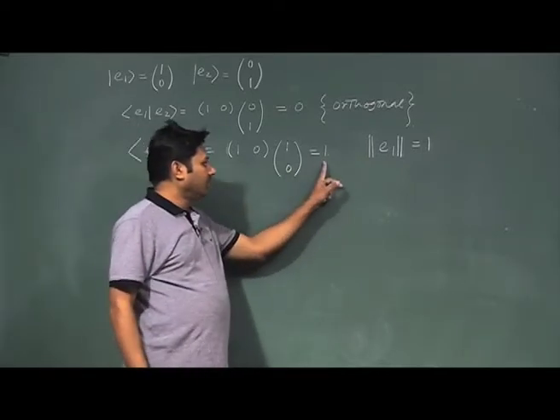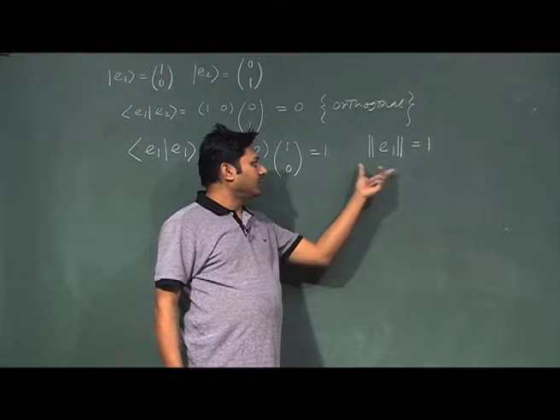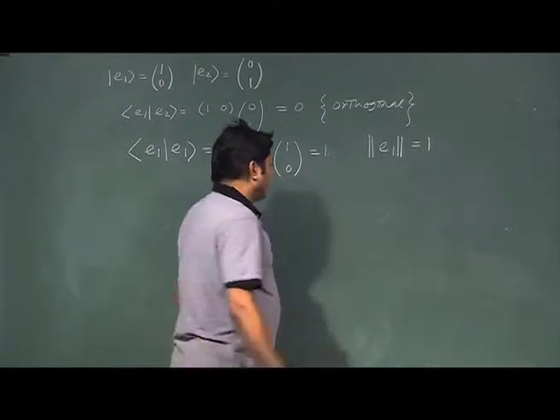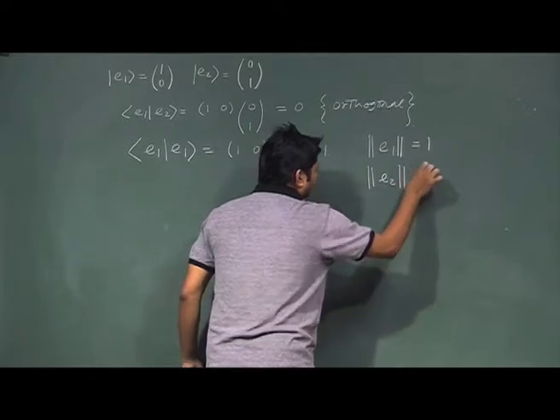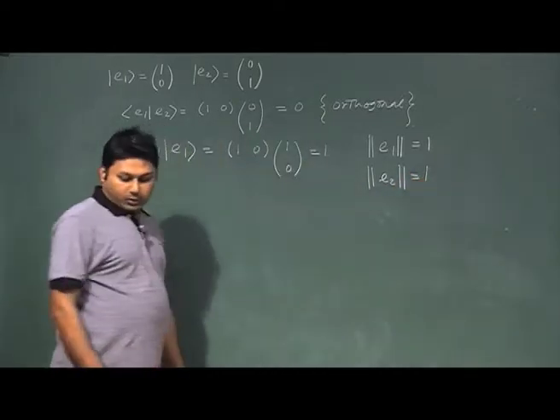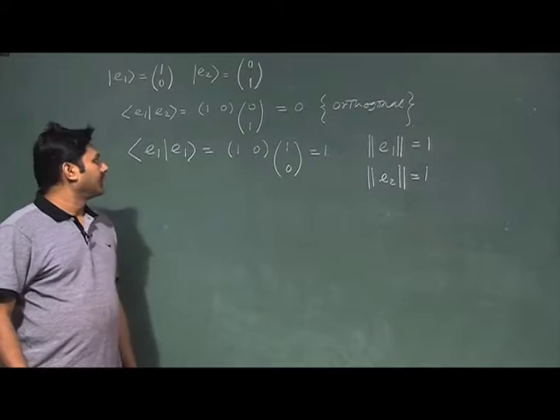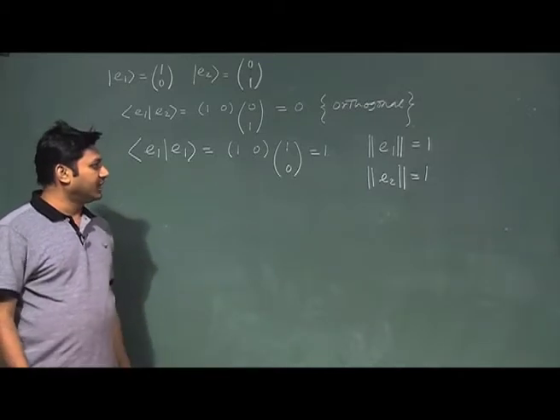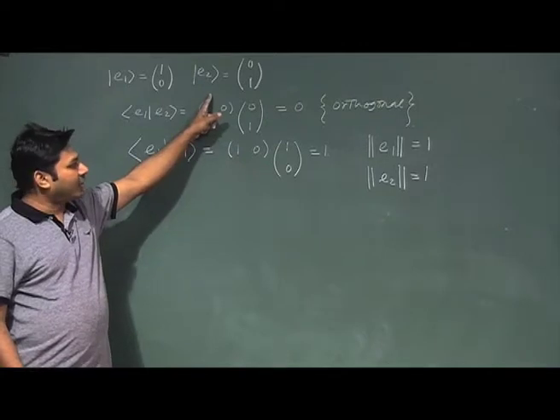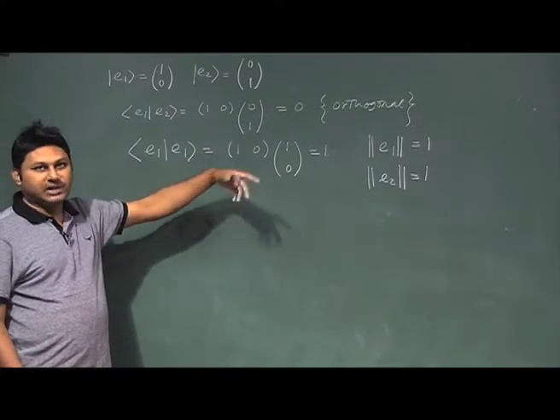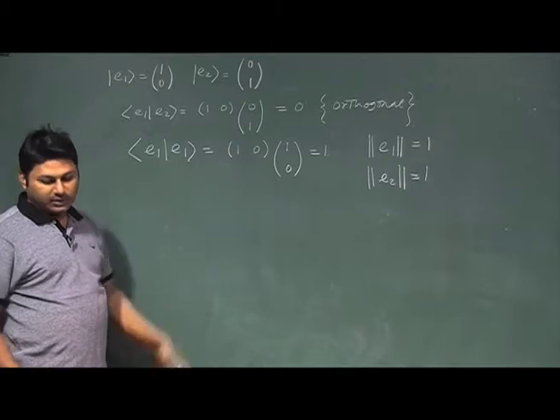This is 1, so if I take the root, it is 1. In a similar way, you can show that the norm of E2 is 1. So I should say that whenever I take the natural basis, it follows the orthonormal property straightaway.